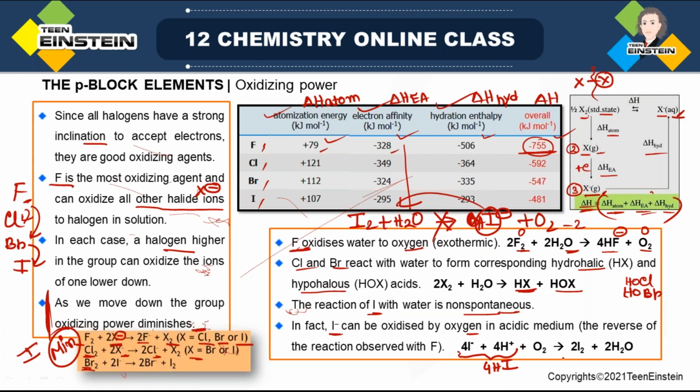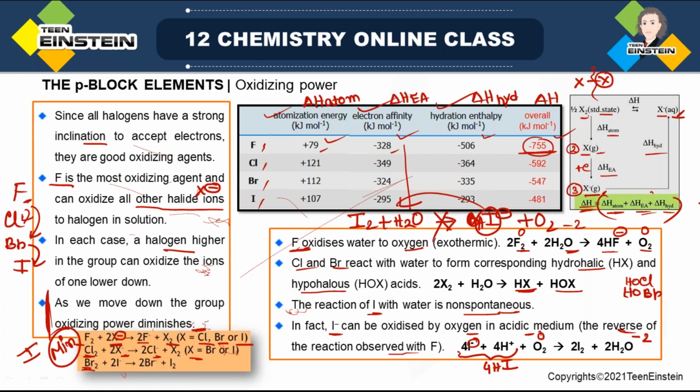It is reacting with oxygen, and oxygen is gaining electron from iodide, that is I-, and itself now converted to -2 from 0. So this is gain of electron. So now basically I- is acting as reducing agent, and this occurs in acidic medium. So this reaction is the reverse reaction that we have observed in case of fluorine.